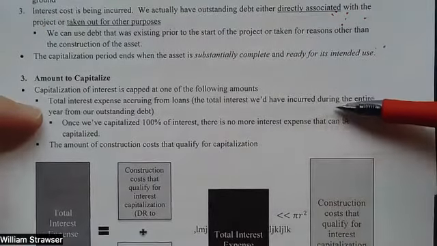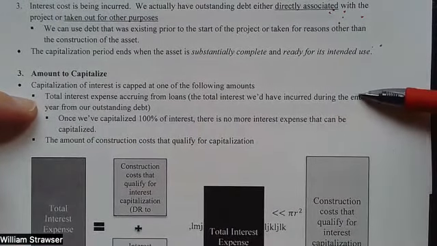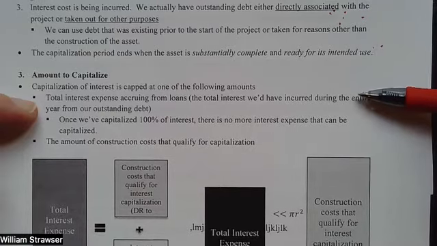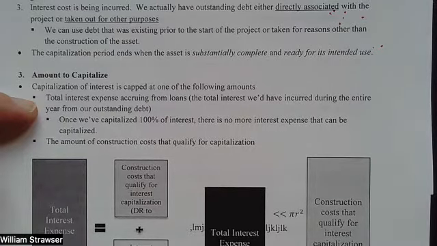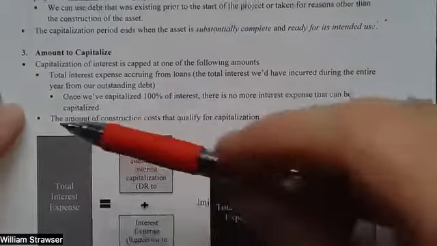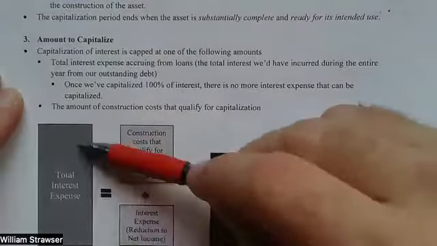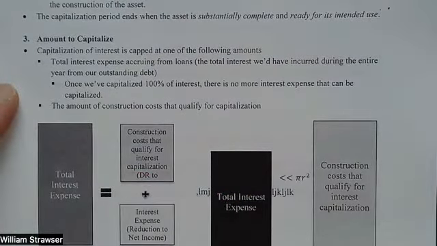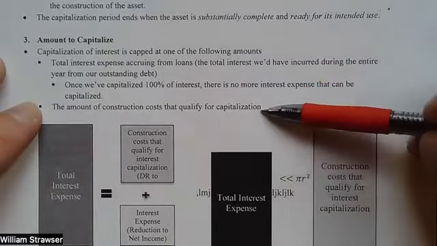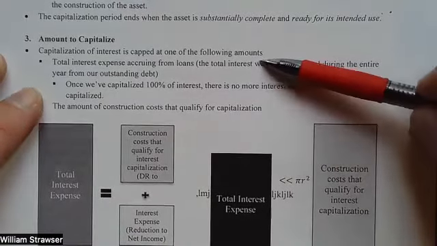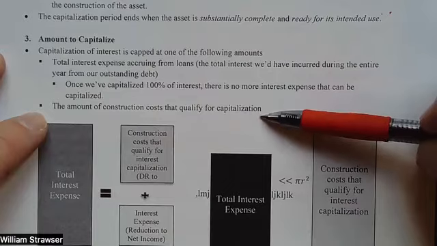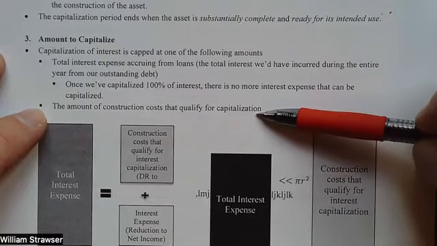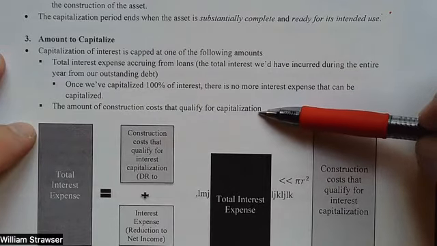Basically, we're limited by the total interest that is accruing from loans. And that makes sense. Once we've figured out all the interest that is accruing from loans, that's the total that I could ever think about capitalizing. And then, against this, we're comparing the amount of construction costs that qualify for capitalization.